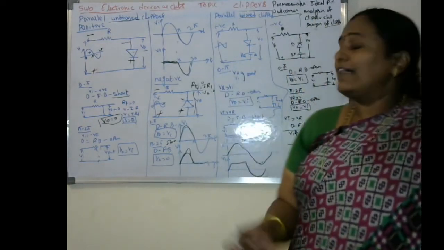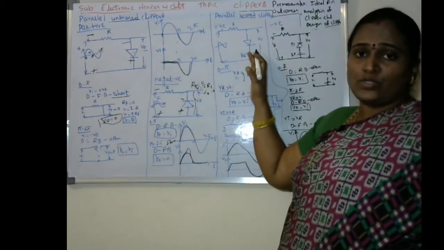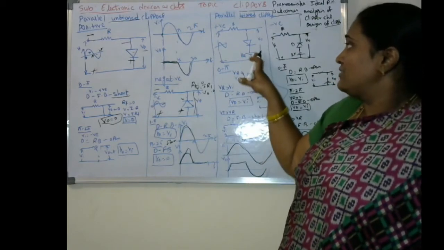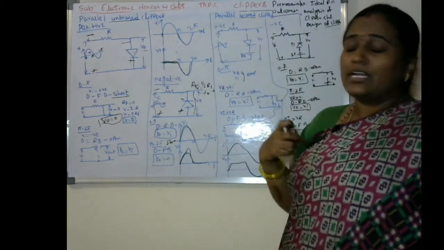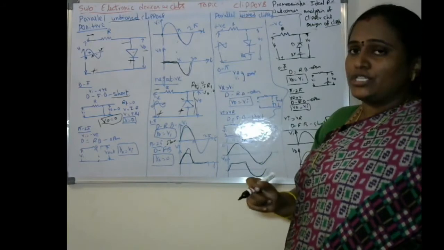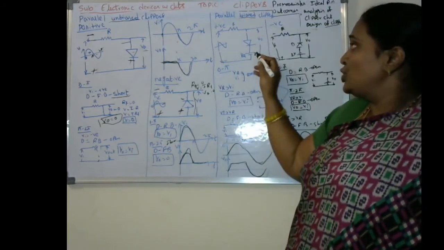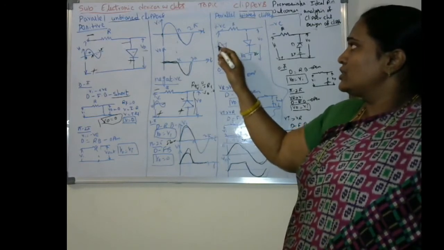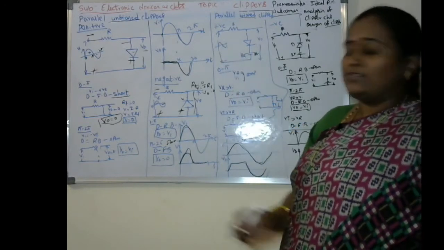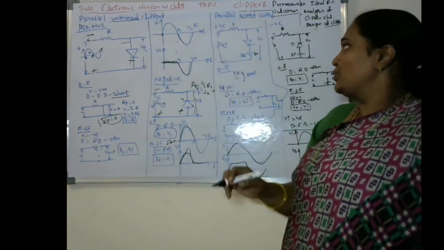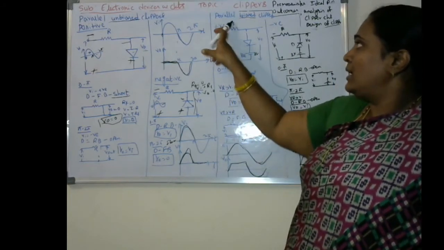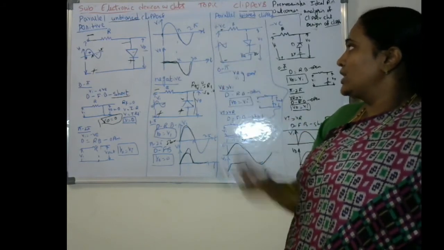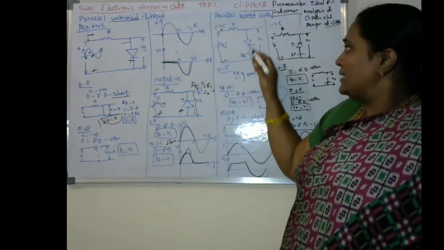Here we have to consider an external reference voltage. In this case we are considering VR as an external reference voltage, which I am taking for biasing the PN junction diode. I am assuming VR is 2 volts in this case, and as usual 0 to pi will be there, and pi to 2 pi will be there. 0 to pi is positive, so here you are going to get the positive voltage, and here it goes negative.